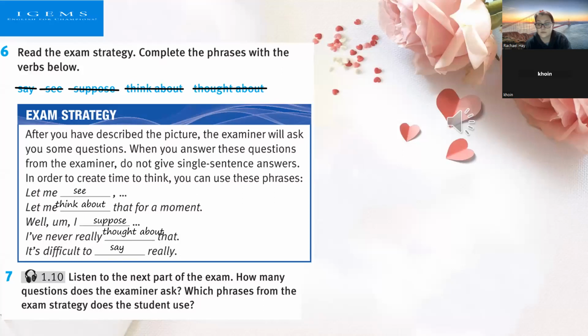Okay, what phrases from the exam strategy did the student use? He said, let me see. He said, let me think about that. He used all of the phrases, actually.